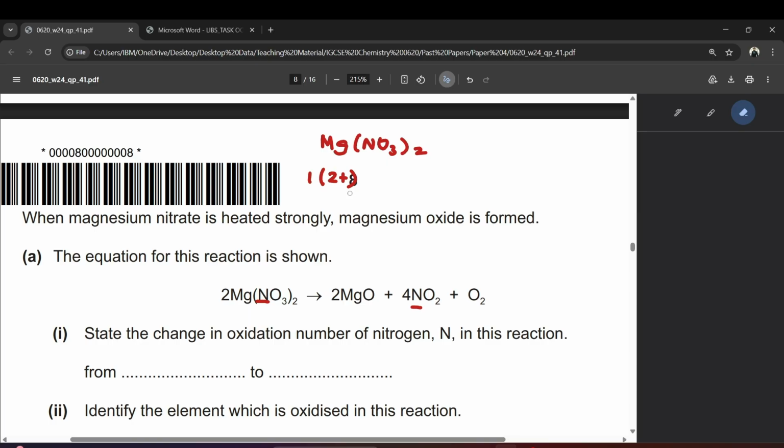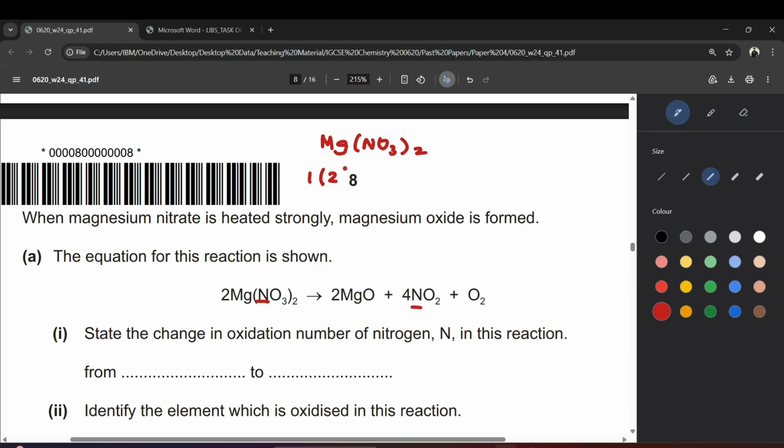So I'm just going to write 2 over here. Plus nitrogen, we have 2 nitrogen and the charge on nitrogen is unknown, so I'm going to write X. For oxygen, we have 6 atoms of oxygen, so 2 times 3 is 6, and the charge on oxygen is -2. Now what is the overall charge on this compound? You can see that there is no charge on the compound. So therefore the overall charge is going to be equal to 0.